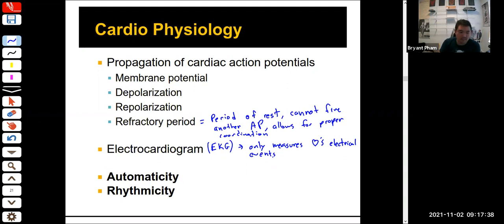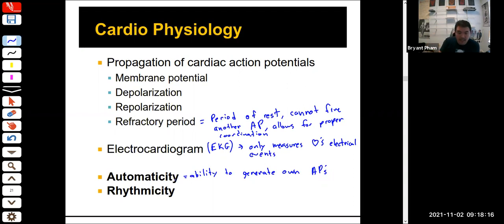Automaticity and rhythmicity, just kind of vocabulary here. Automaticity is the ability to generate its own action potentials. As I had mentioned, does your heart need your brain to tell it to beat? No, because of automaticity. The heart can generate its own action potentials. It doesn't need your brain.